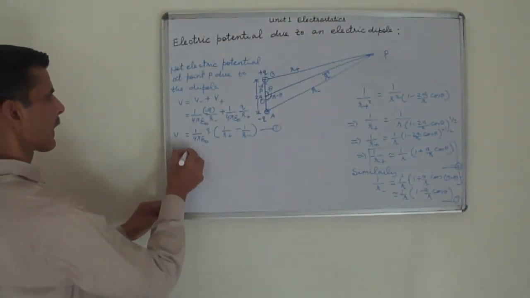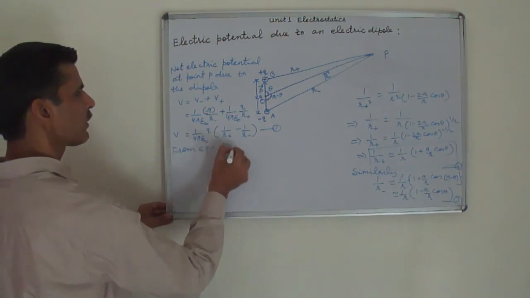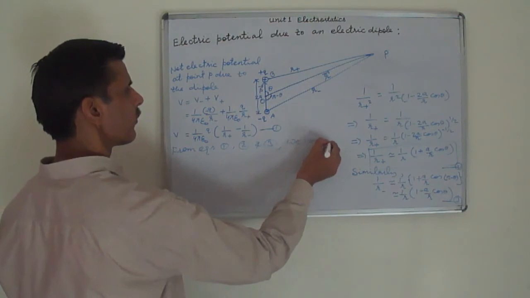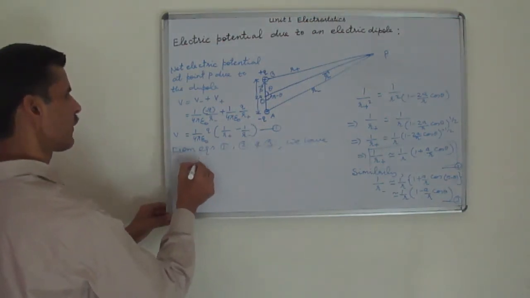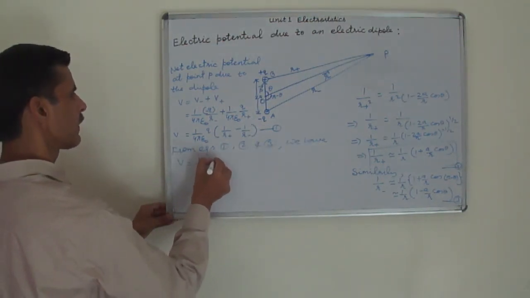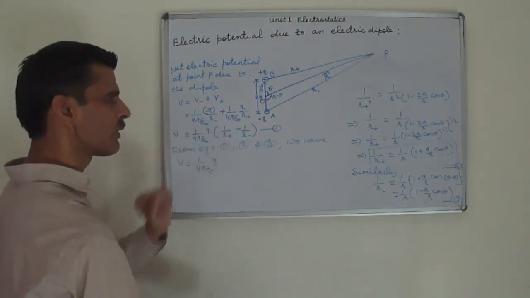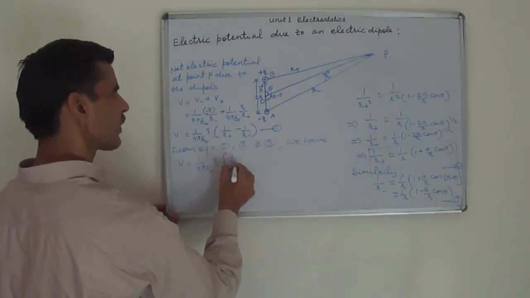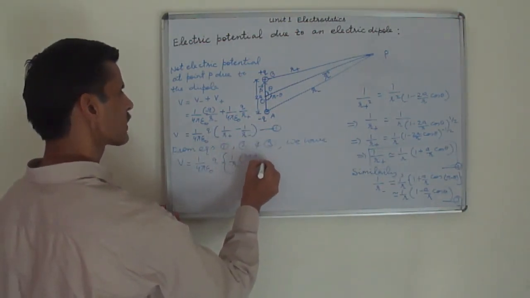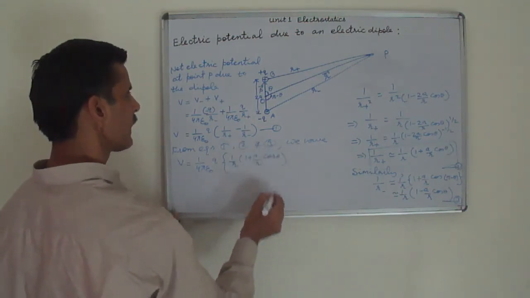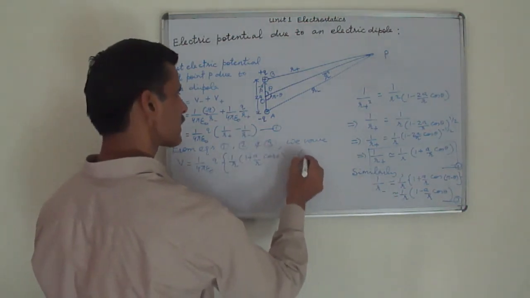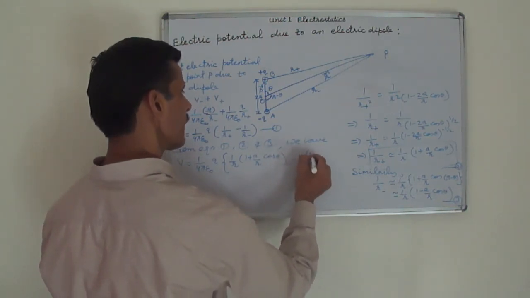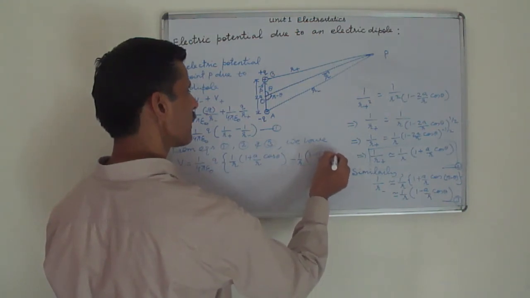So from equations 1, 2 and 3, we have V is equal to 1 upon 4 pi epsilon naught q. You can put values here. So 1 upon r plus is 1 upon r in bracket 1 plus a upon r cos theta, minus 1 upon r minus, it is 1 upon r, 1 minus a upon r cos theta.